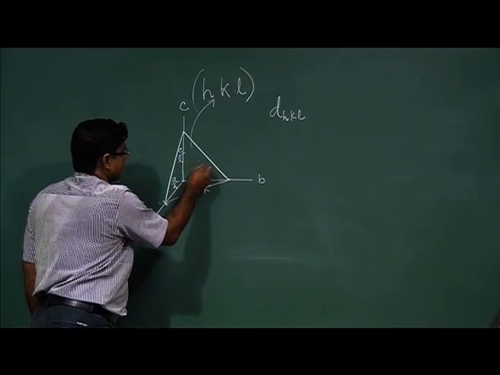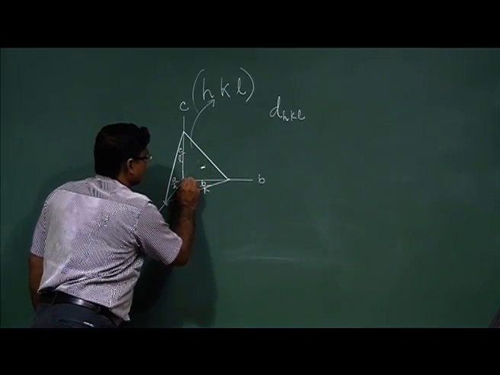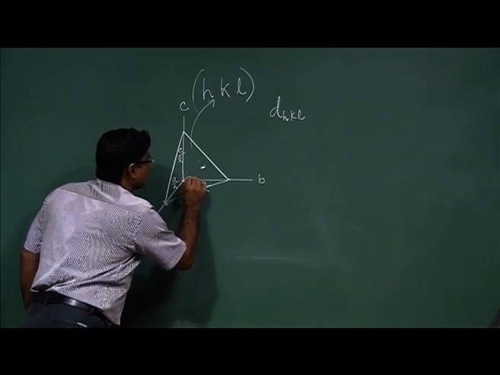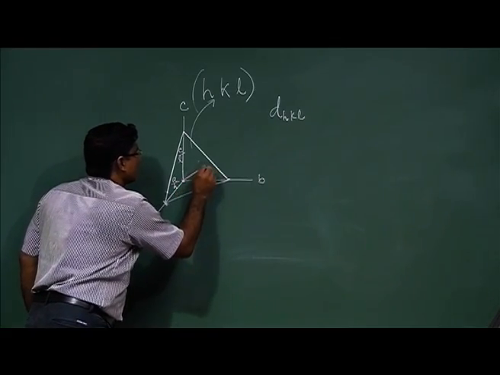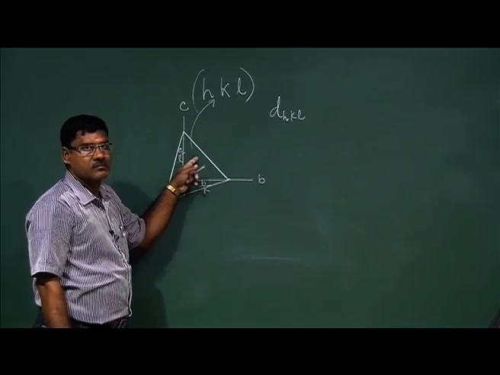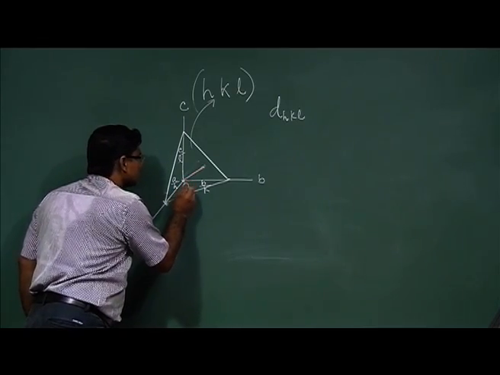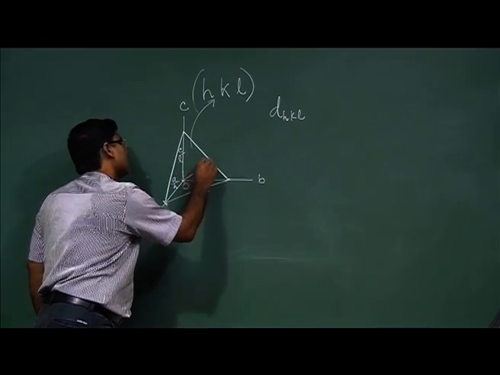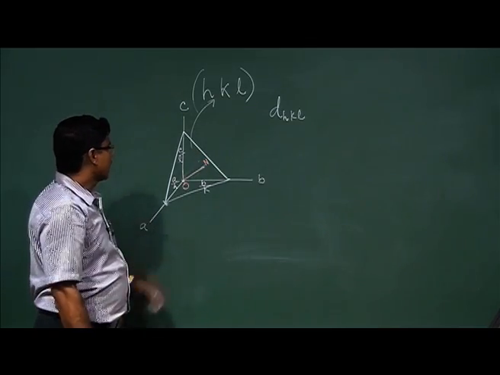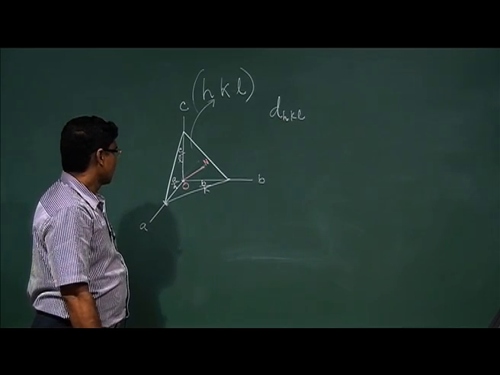So, say this point is the normal on this plane from the origin. Origin is O and this is N, the normal on these planes.